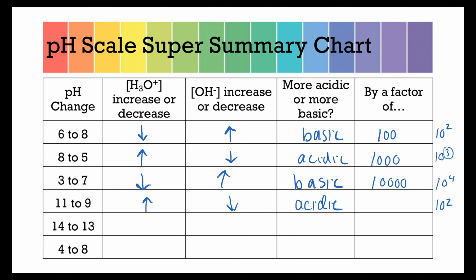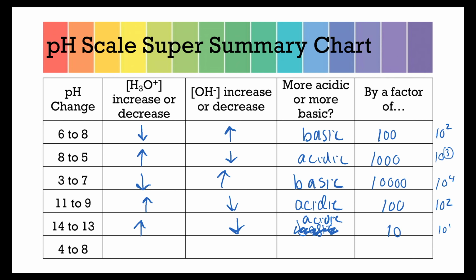You are changing your pH by 2 numbers, so that is a factor of 100. 14 to 13, you're becoming more acidic because your pH is decreasing. If your pH is decreasing, your H3O plus is going up, OH minus goes down, and that's 1 pH change, so that's a factor of 10.